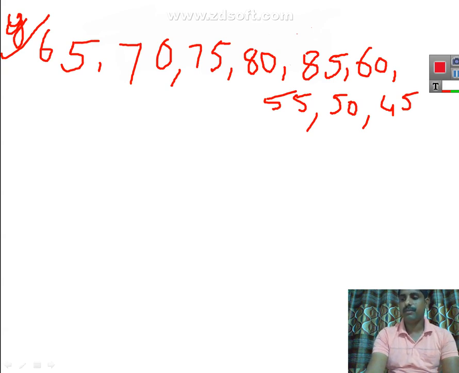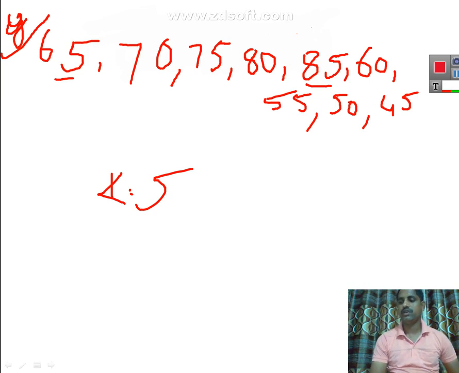Then we have to compare these elements. First of all, if k equal to 5, then the first call of Partition will be sufficient, since 65 is placed in e of 5. Instead, assume that we are looking for the seventh smallest element of a, that is, k equal to 7.